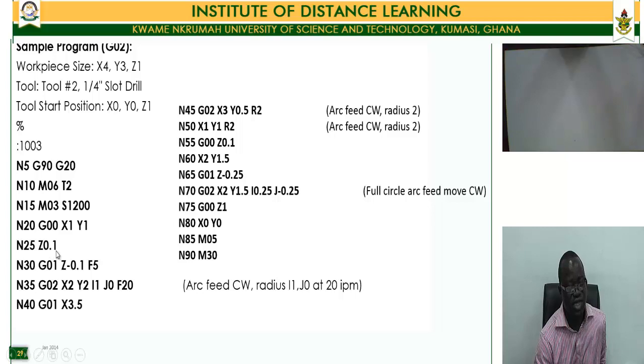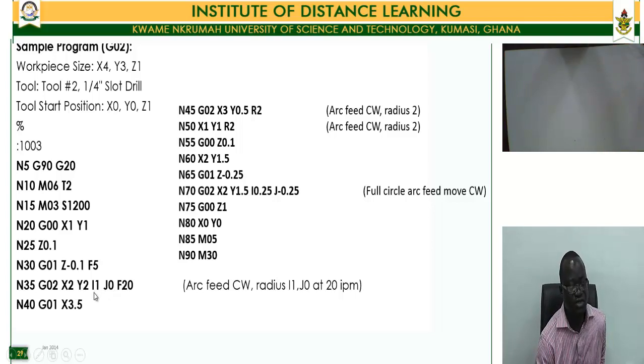J0. The I is the difference in the center from the start point, so the radius is I1, and then we have J0. So the radius can be measured as 1 in the X direction, at a feed rate of 20 inches per minute.